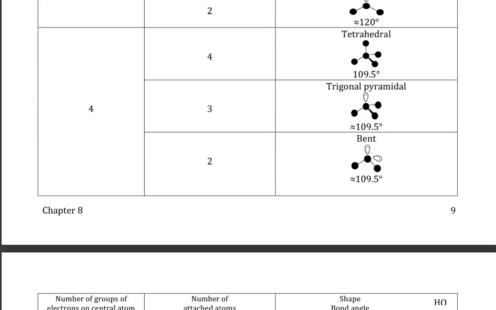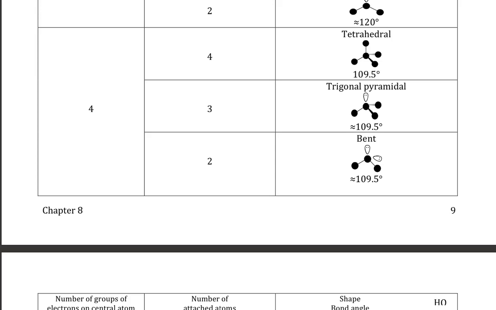When we have 4 groups of electrons on the central atom and 4 attached atoms, we have the tetrahedral structure shown there. That looks like, well, it's a tetrahedron with the central atom in the middle of the tetrahedron.